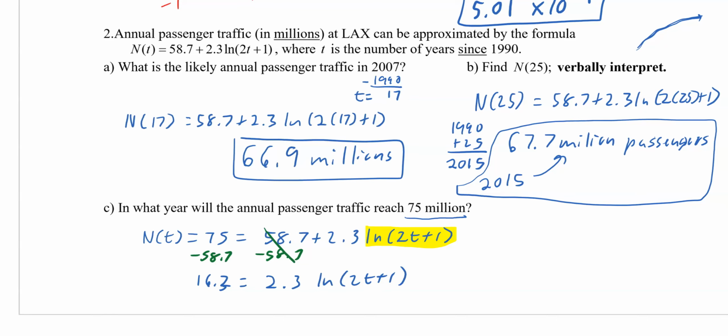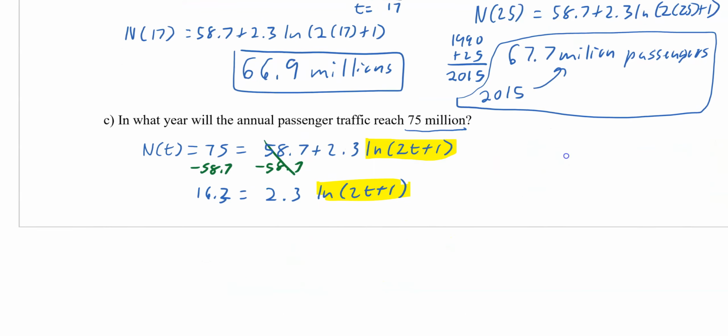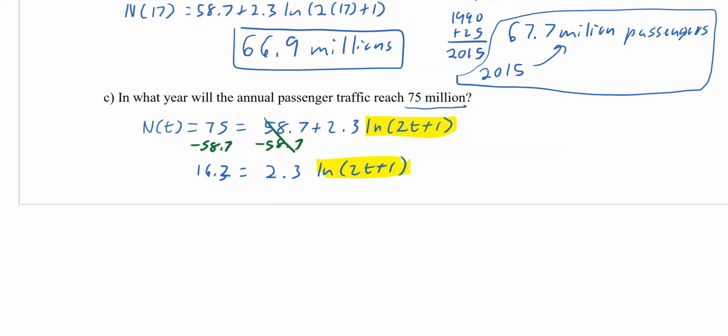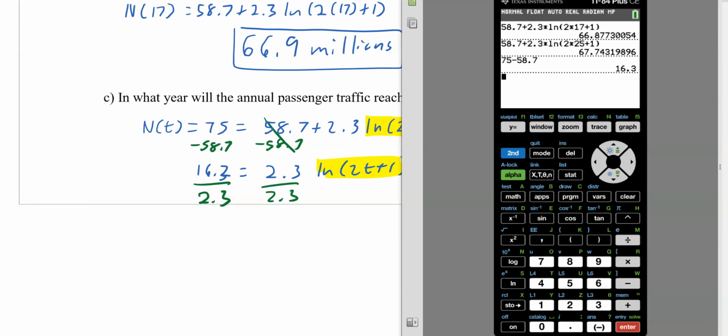And the same thing, we're still isolating this natural log, so that means we need to divide by 2.3. Just keep going, divide by 2.3. We end up with 7.08695. So why don't we do 7.087?